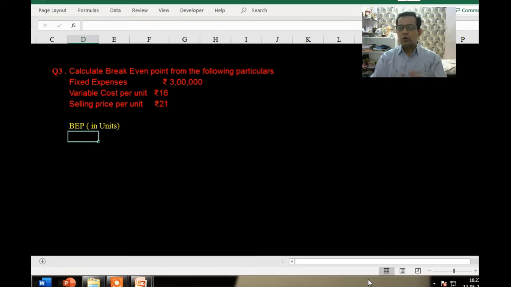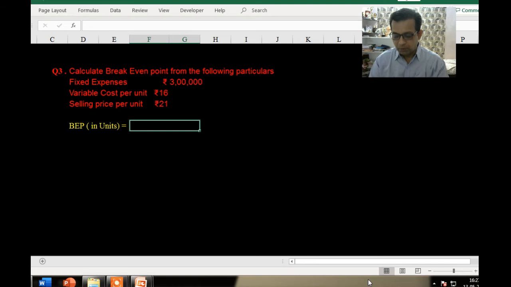Okay, I don't know whether you still remember this or not, but I have told you that if you want the answer in units, divide by contribution per unit; if you want the answer in value, that is in rupees, you need to divide it by PV ratio. So here we are going to find our BEP in units by applying the formula.